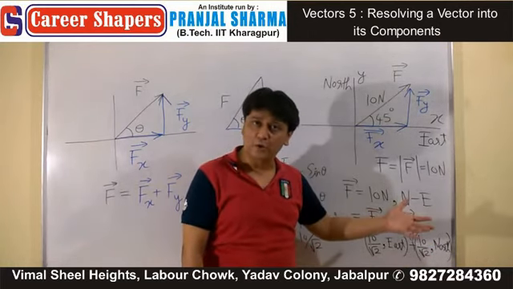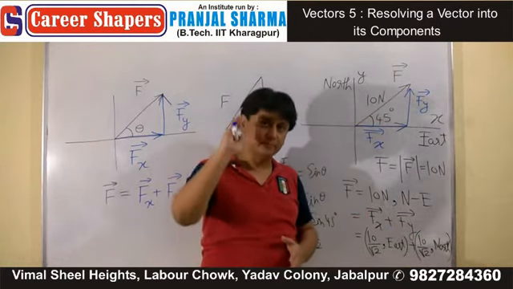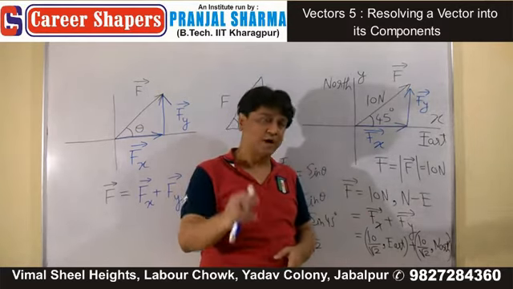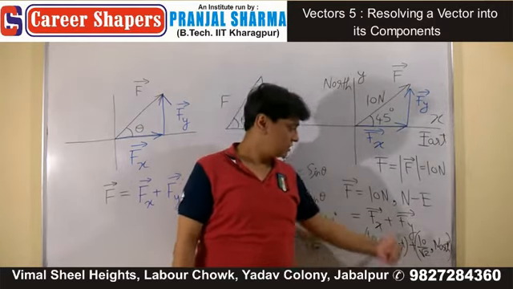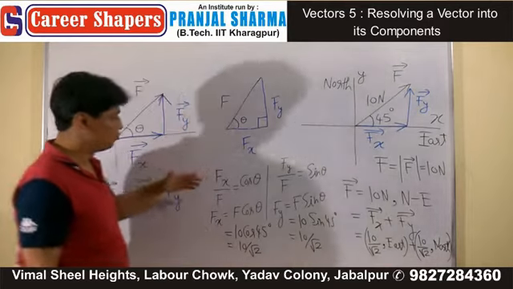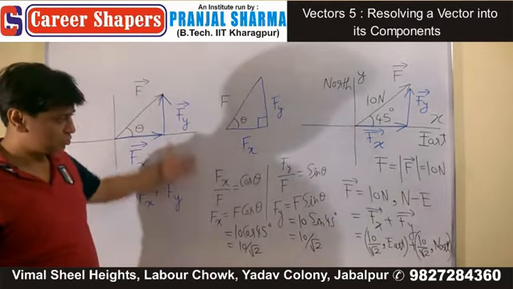Why do we resolve it? We'll understand that in just a while. But right now, note down this example. And if you miss this part, then also note down this thing.